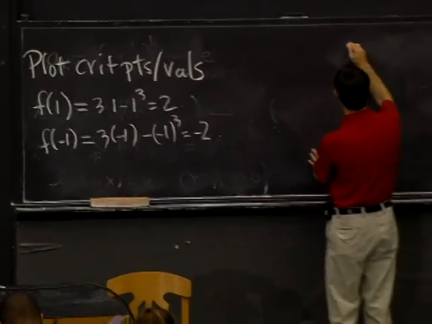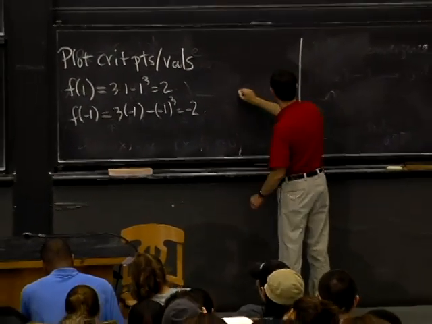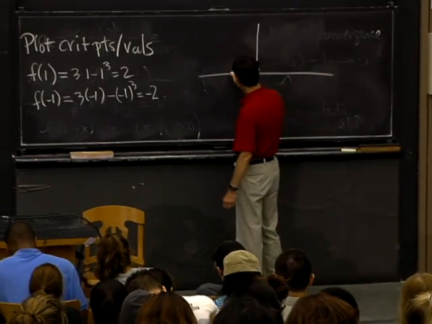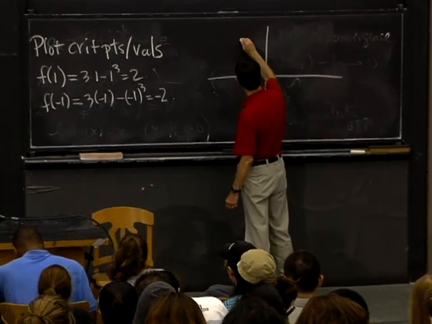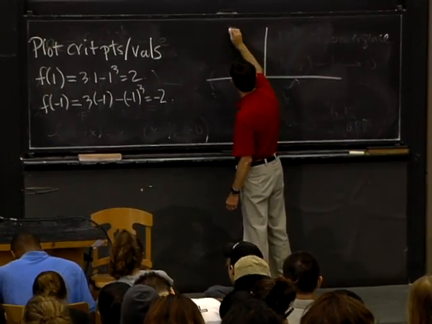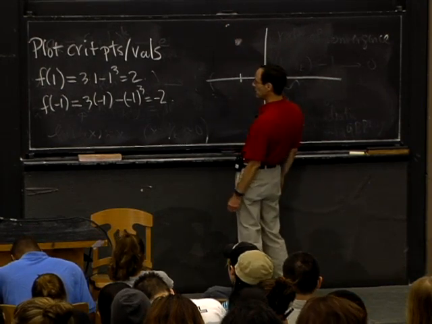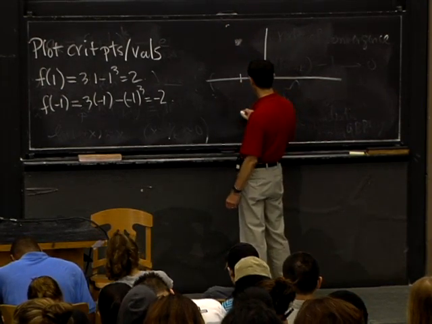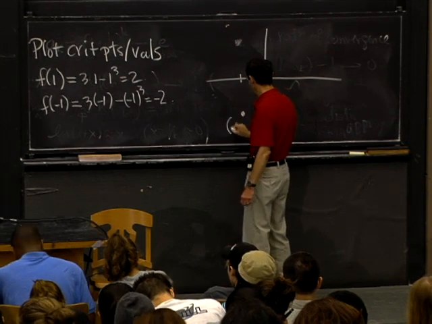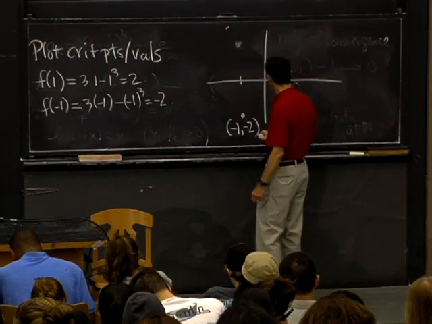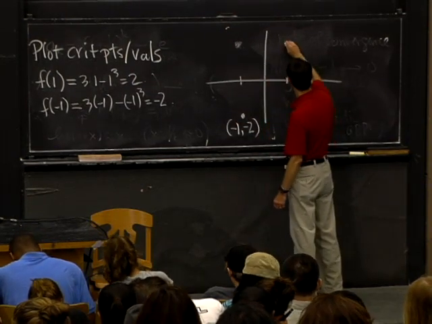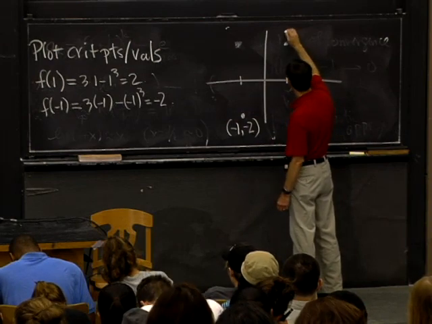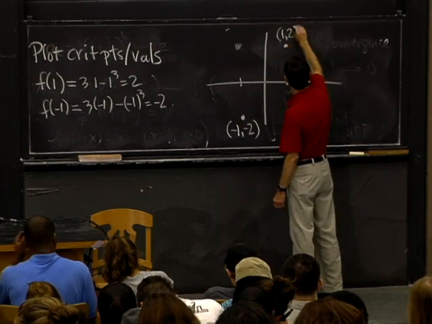And so I can plot the function here. So here's the point -1, and up here's 2. So this is, whoops, which one is it? Yeah, this is -1, so it's down here, I guess. So it's -1, -2. And then over here, I have the point 1, 2.